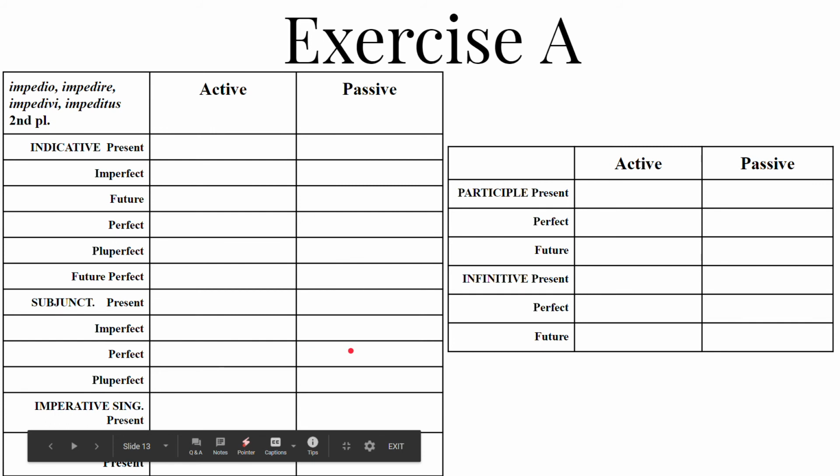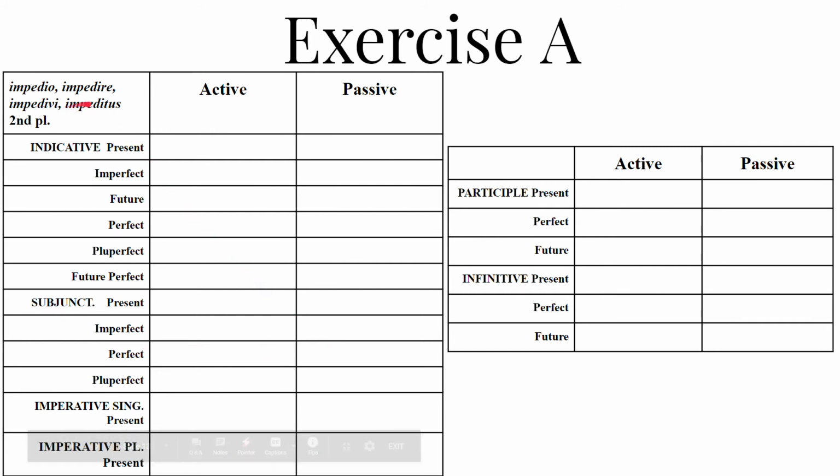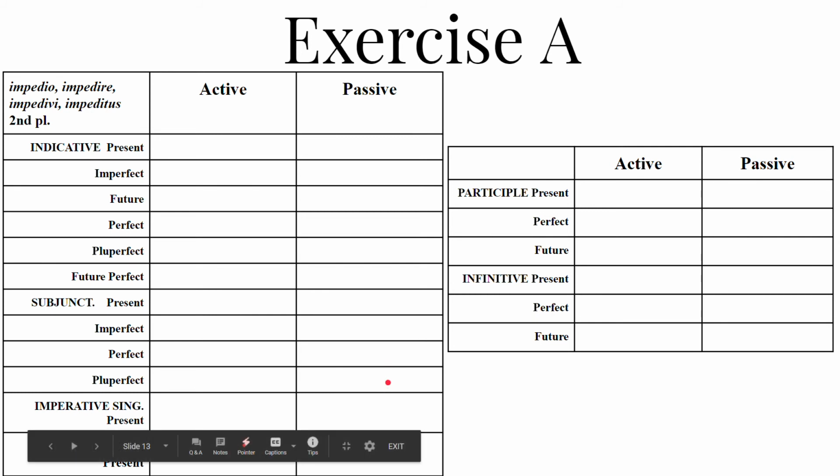For the passive, the perfect passive, impeditus, a, um, but make it plural: impediti, ae, a, and then sitis, the present subjunctive of sum. And then we want the imperfect subjunctive of sum, essetis, as the helping verb for the pluperfect passive subjunctive: impediti essetis.